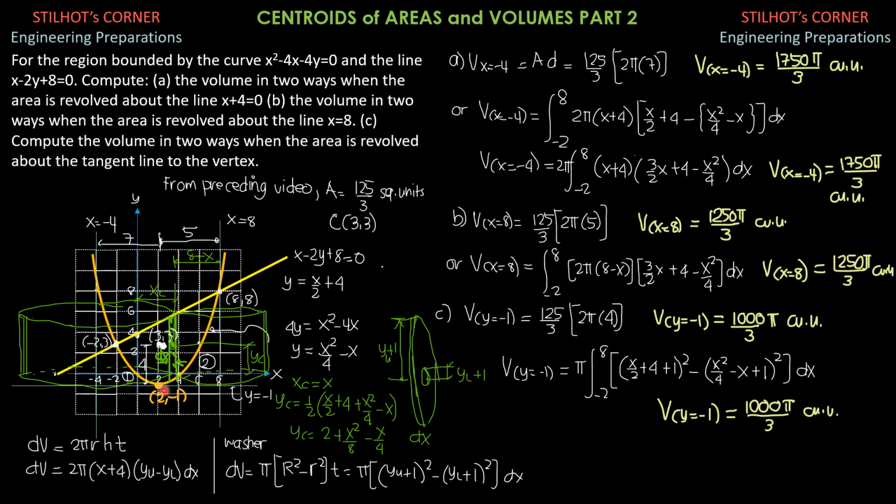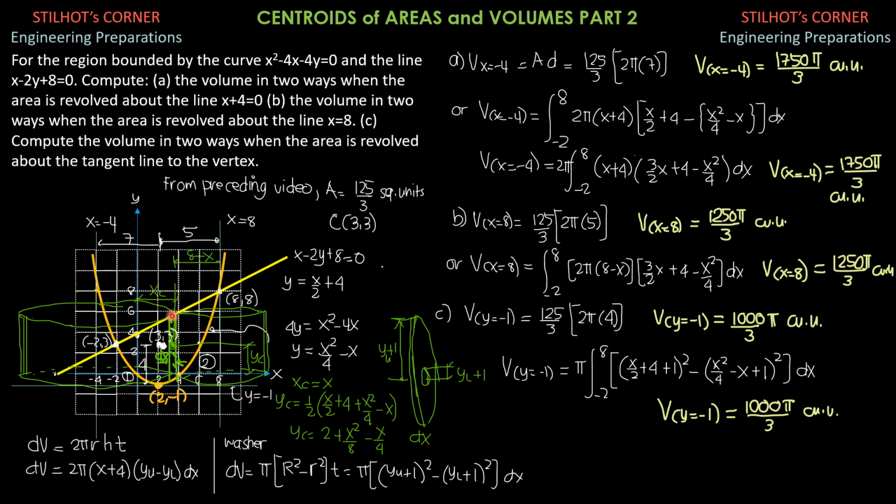Then finally, when revolved about the tangent line to the vertex, which is 1 unit below the x-axis, the equation is y equals negative 1. When revolved about this line, it generates a washer, a disc with a hole. So the bigger radius is y of the line minus y equals negative 1.